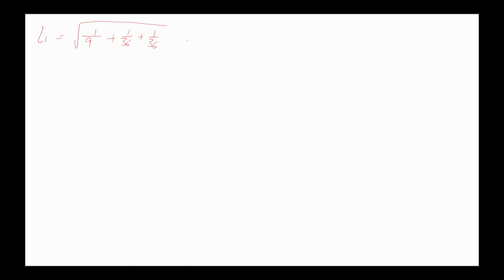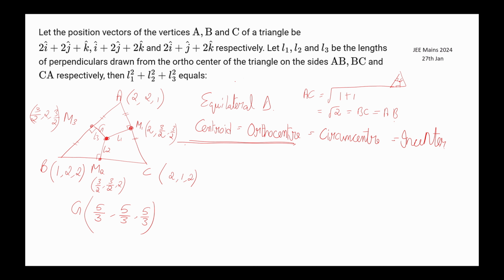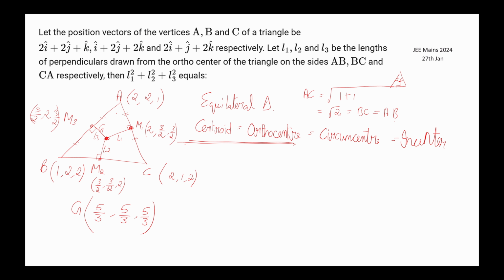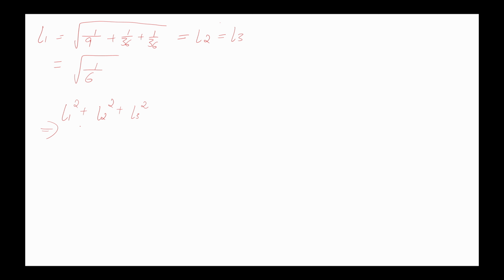And now since this is an equilateral triangle, so L1 would be equal to L2 would be equal to L3. So let us find out the value of L1. What do we get from here? We get this to be root under 1 by 6. So we found out our L1, L2 and L3. And what have they asked us in the question? We have to find out L1 square plus L2 square plus L3 square. So simply let's just put the values. What do we get from here? 1 by 2. This becomes our answer.